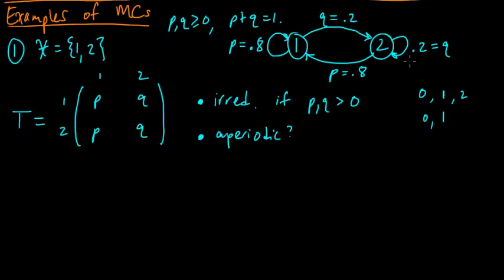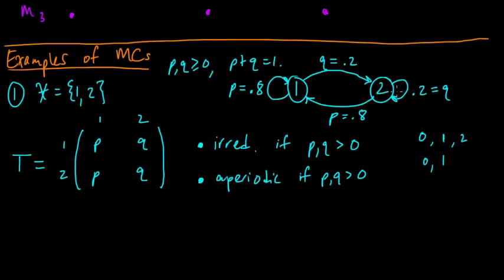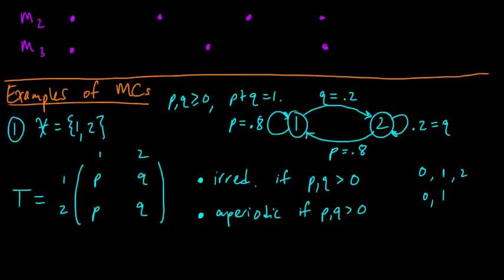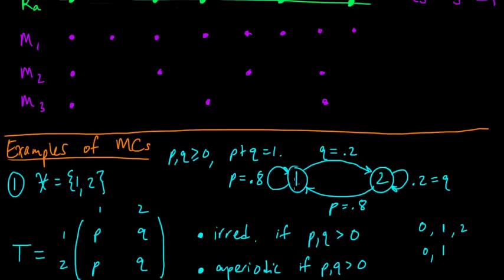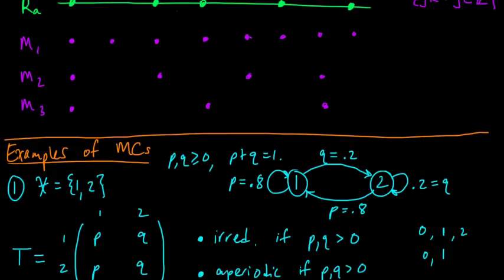And that was under the assumption that P and Q were strictly positive. We were sort of assuming that when I was saying that. If Q was 0, then you couldn't return to 2, and it would not be aperiodic. Starting at 2, you could only go to 1, and you couldn't get back to 2 because Q was 0 here.